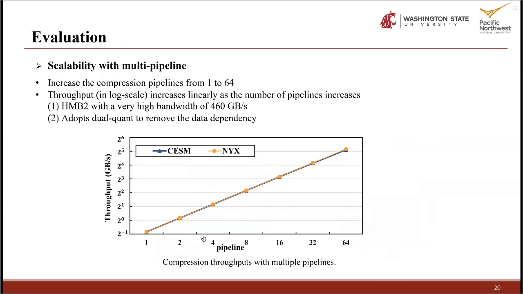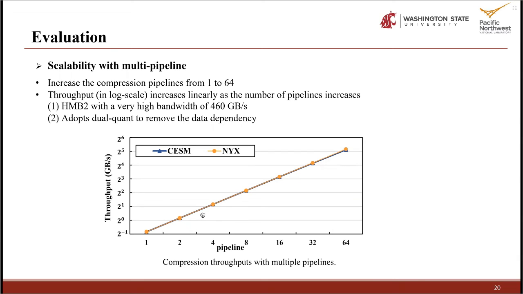Then I will talk about the scalability with multiple pipelines. As shown in the figure, we increase the compression pipelines from 1 to 64, and the throughput in log scale increases linearly as the number of pipelines increases. There are two reasons why we have such good scalability.